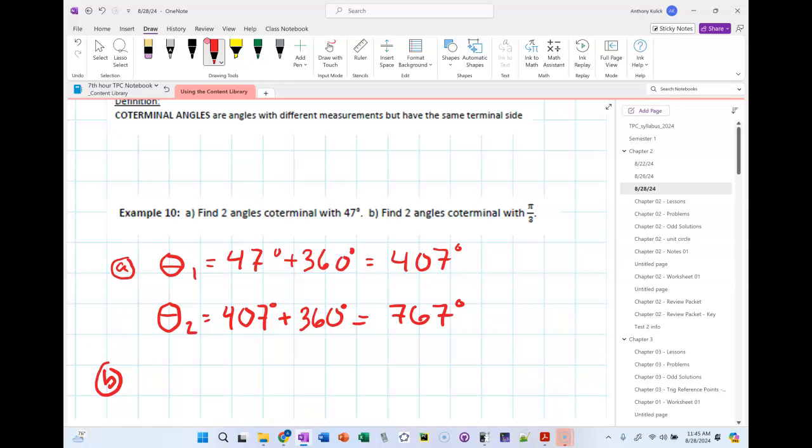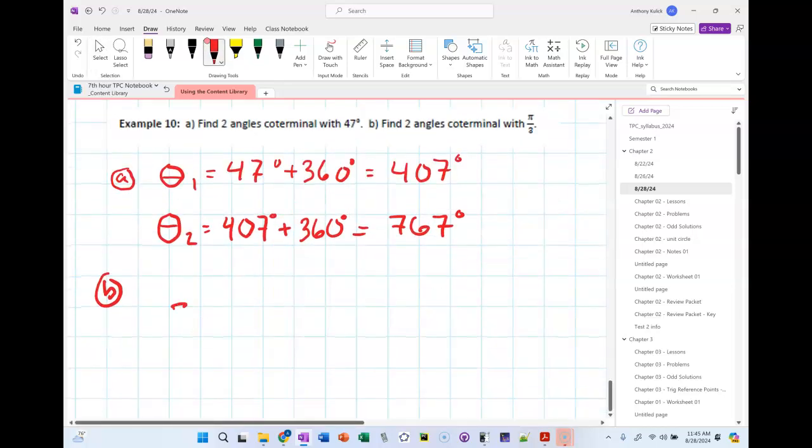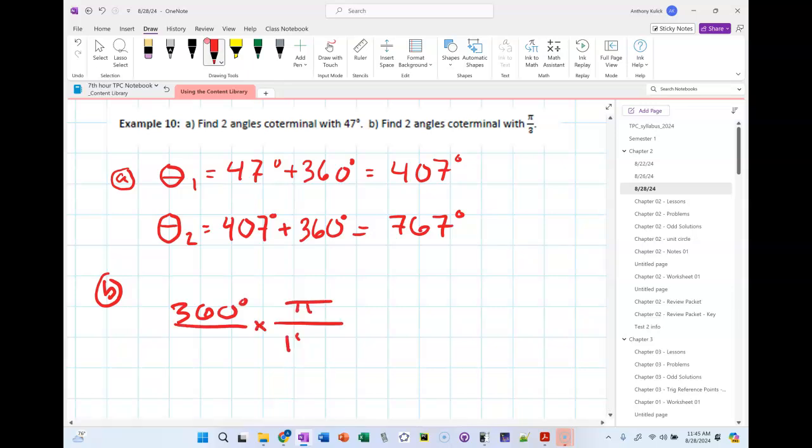And that's what I'll add or subtract to pi over 3. So to convert that into radians, I'll multiply by pi over 180, and I get 2 pi. That's probably a good thing to remember, that 360 degrees is the same as 2 pi. You'll use that a lot, so that's a good one to just kind of remember.